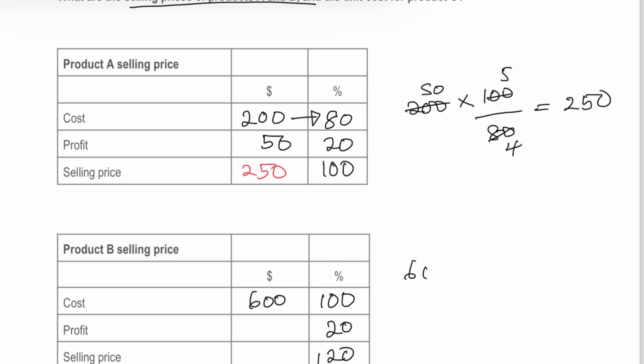So that will be 600 multiplied by 120 divided by 100 because we have 100. We need to find 120. So this will be 12 into 6, 720. So the selling price here will be 720. That means what's our profit? Our profit is 120.